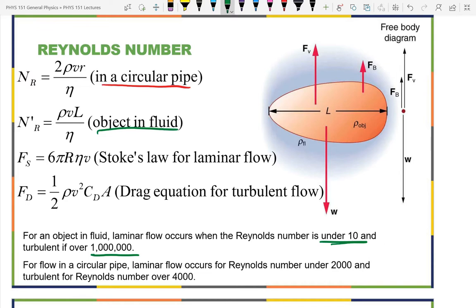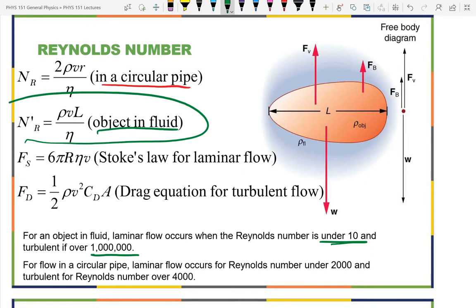So if you have a person that's skydiving, which one of these Reynolds numbers would you use to analyze that person? The second one. This one here, because the person is an object going through a fluid, air. So you would use the density for air. L is the cross-sectional length.